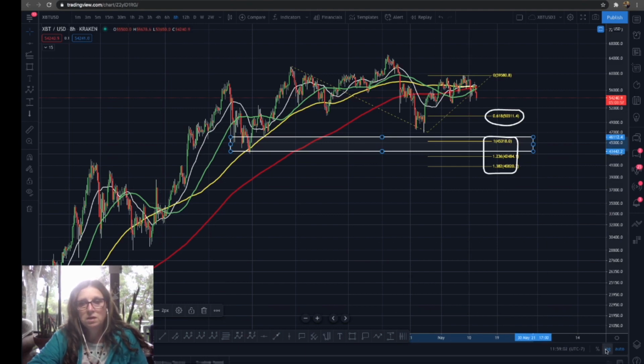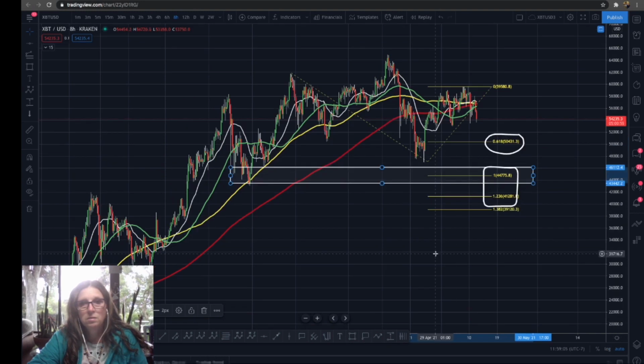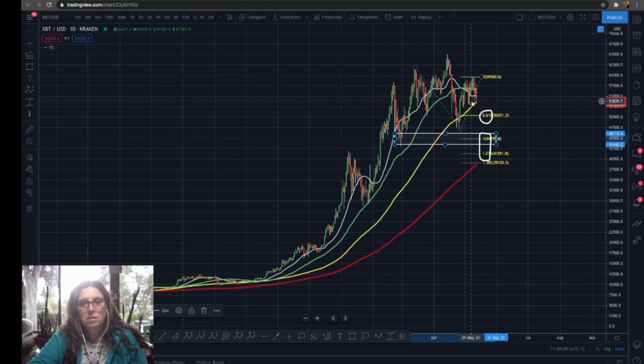Because when you look at it this way, the fourth wave that's happening now likes to come into the prior fourth wave. So that could be this one or this one. But I really don't think we're going to make it down to this one. I mean, that wouldn't be something that I would really want to see happen.